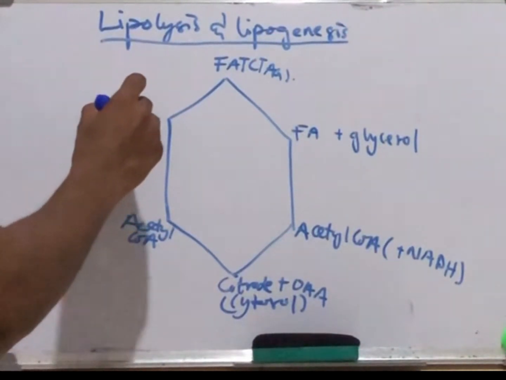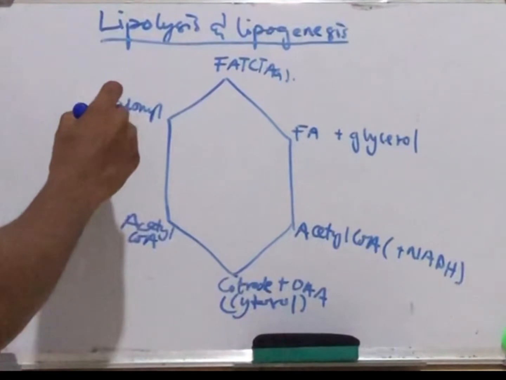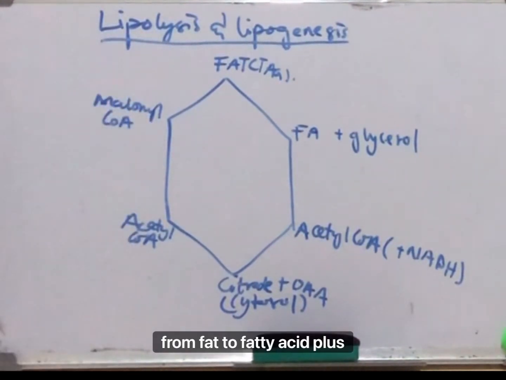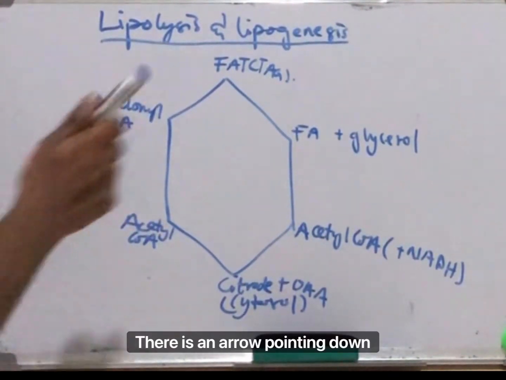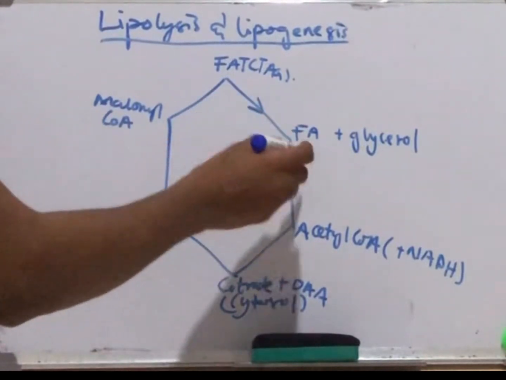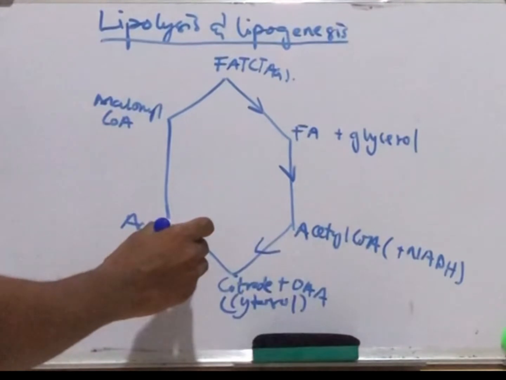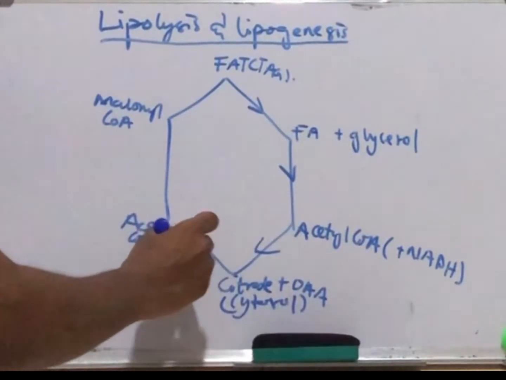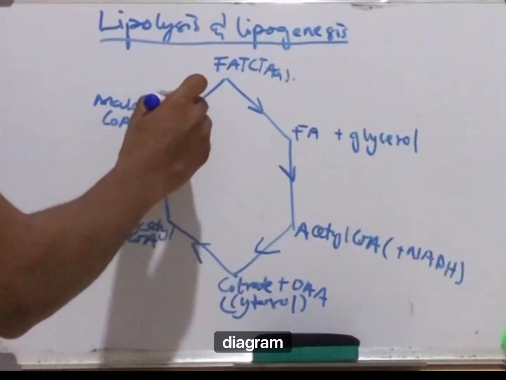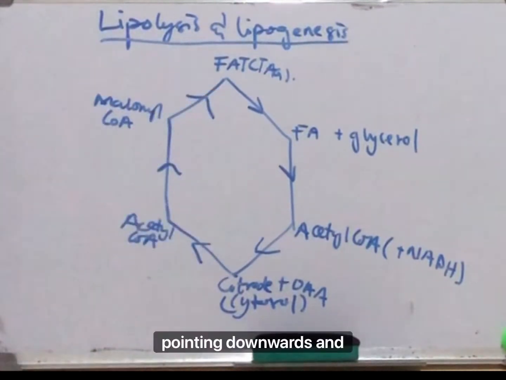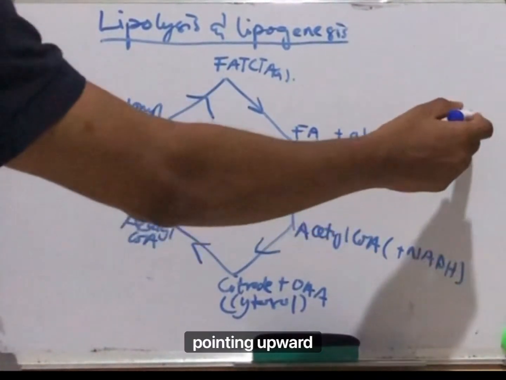Now, from fat to fatty acid plus glycerol, there's an arrow pointing down. From fat to fatty acid plus glycerol going to acetyl-CoA. So we have these arrows on the right side of the diagram pointing downwards, and arrows on the left side pointing upward.